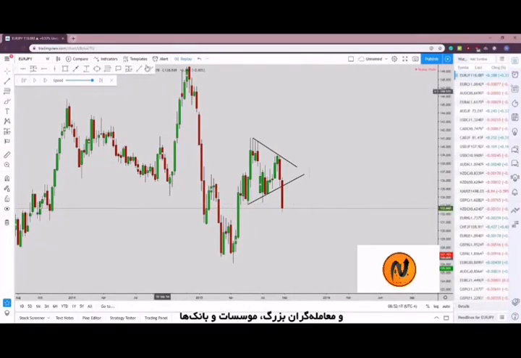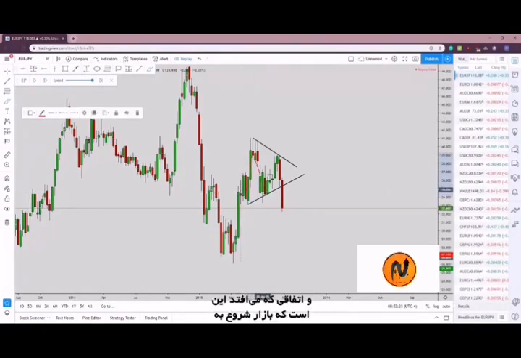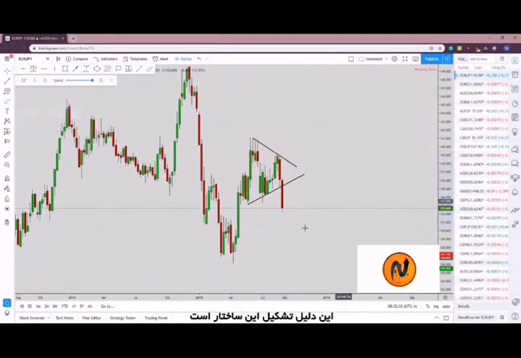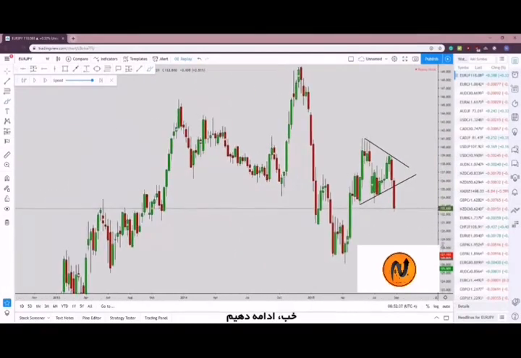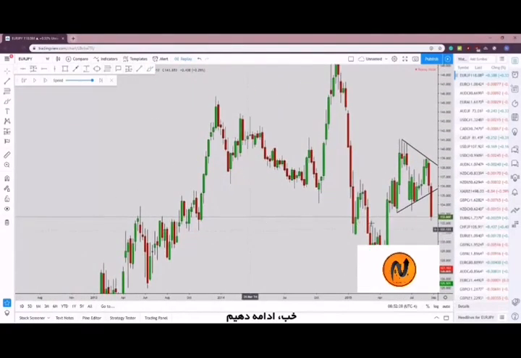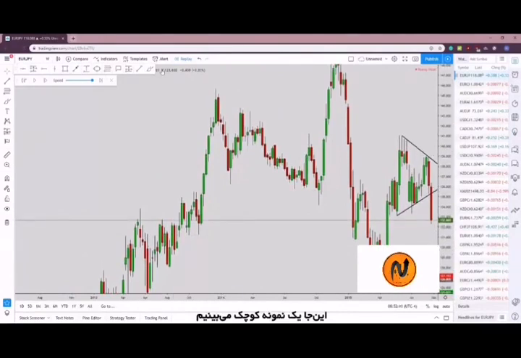So if big traders, banks and institutions are a little bit uncertain about a certain market, then the market starts consolidation and then the market starts the push, or they're just accumulating their positions. There are two reasons for which these formations happen. Now again, let's keep going. Here we can see a minor one.